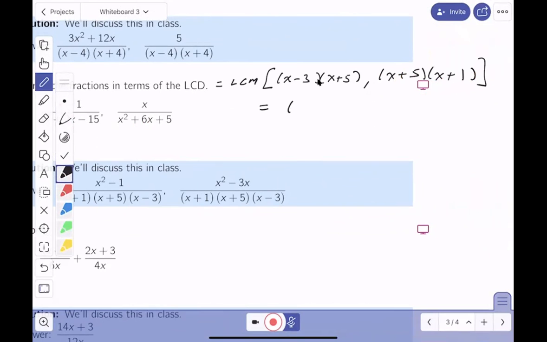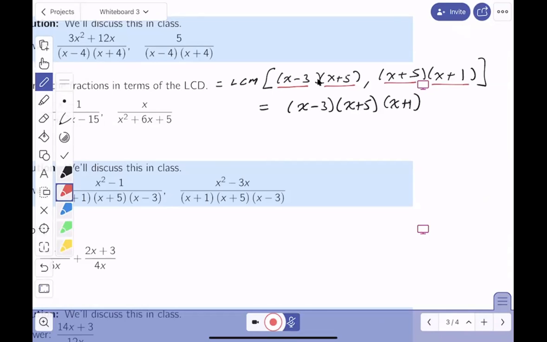All right, let's write this down. I'm going to write the factors I see. I see a factor of x minus 3. I see a factor of x plus 5. And I see a factor of x plus 1. Now what's the next thing?